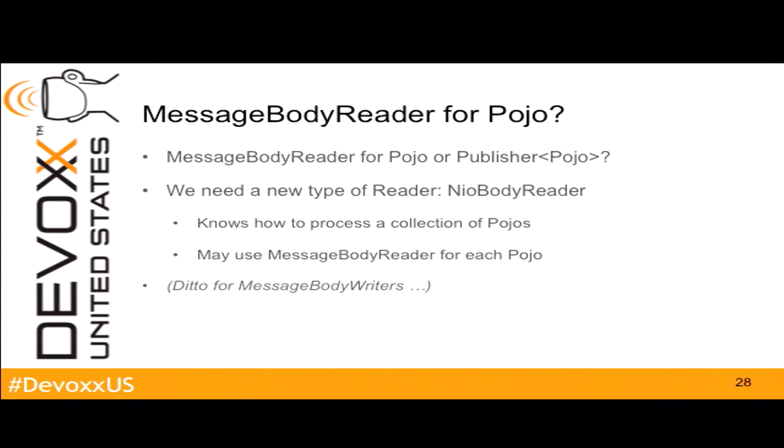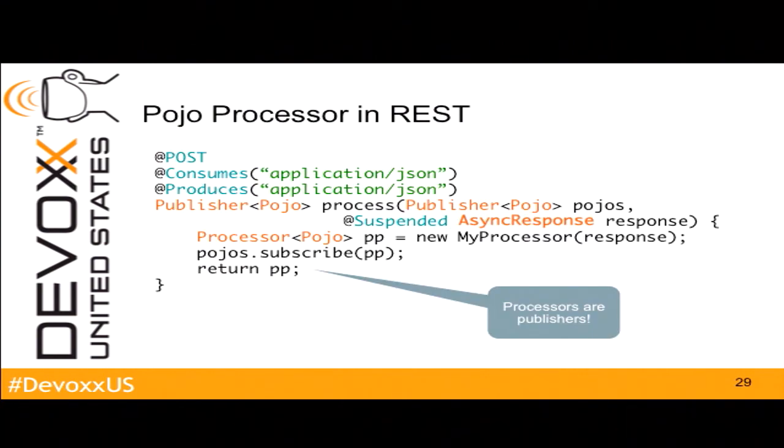So let's have a look at an example of that. Remember before that I said that a processor was something that was both a publisher and a subscriber. So you could have a resource method that takes a publisher, think of it as taking a stream of POJOs, and returns a transformed stream of those POJOs, just to make it really simple.